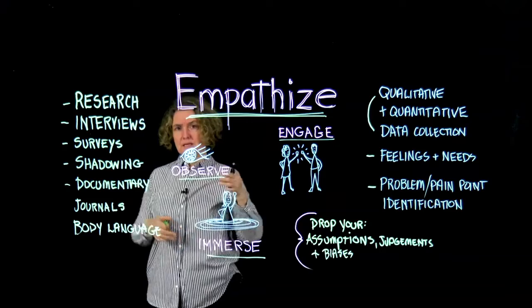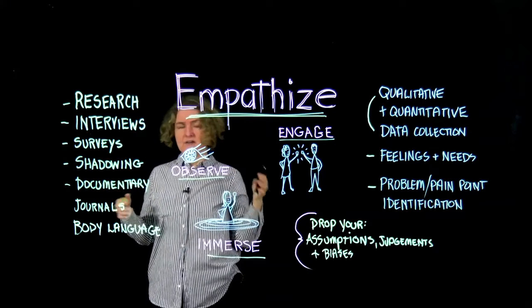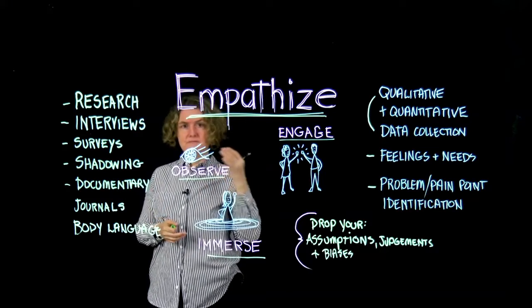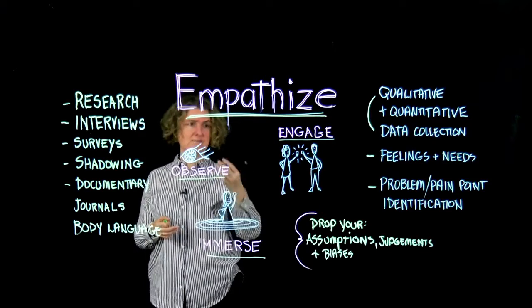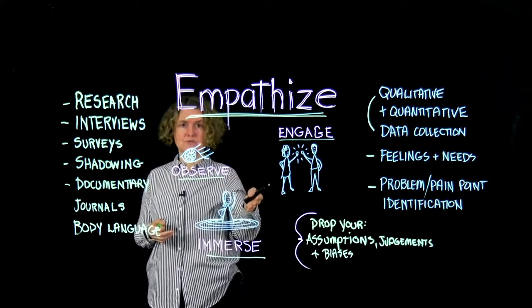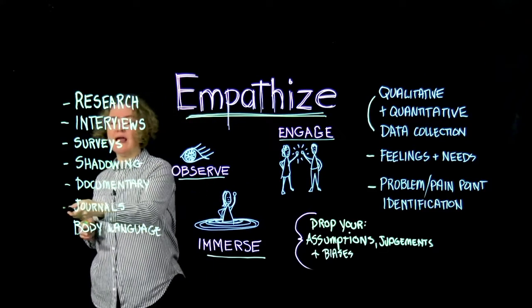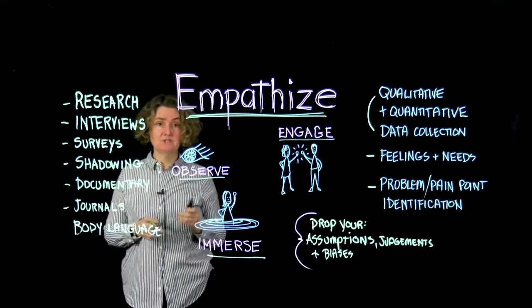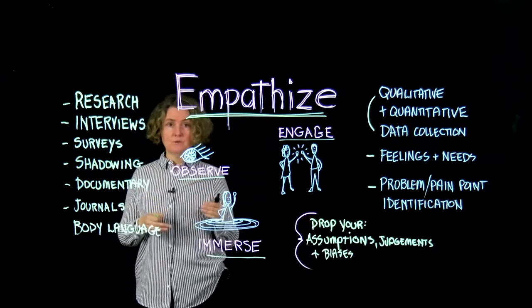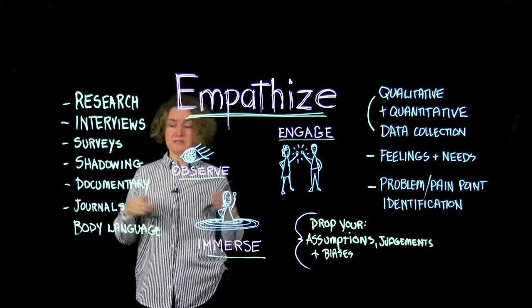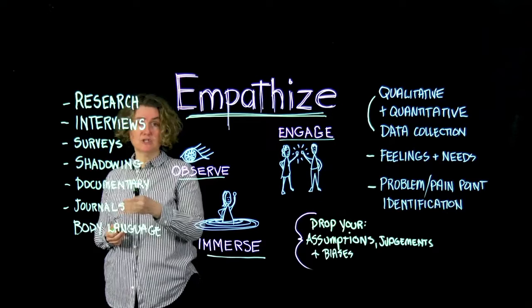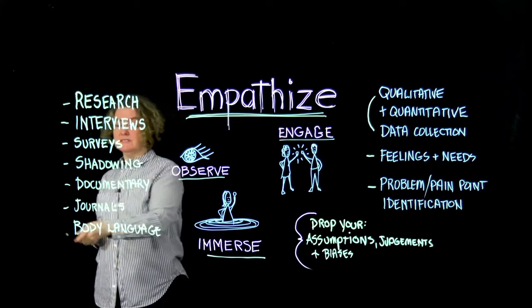Documentary, it might be creating a video of the process or product in use, and then sitting back and looking at what we can learn from that, or having people keep journals about what it is that they're using, or it could be a visual journal, it could be a written journal.